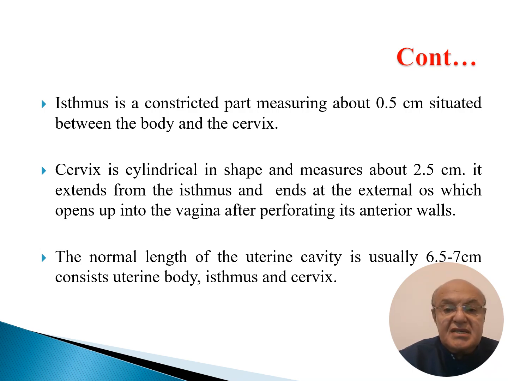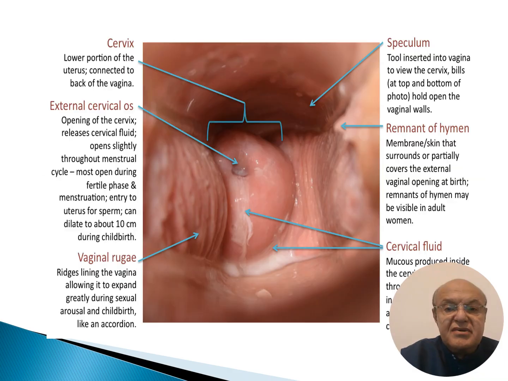The cervix has a lining that secretes mucus, which is watery at the time of ovulation and thicker at the time of the secretory phase of the endometrial cycle. We are going to learn the different functions of the cervical mucus later.